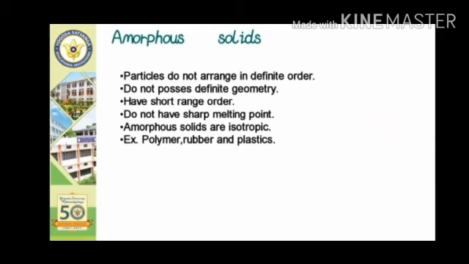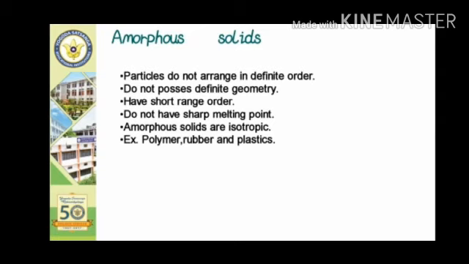Amorphous solids. In amorphous solids, constituent particles are not arranged in a definite order, or may be arranged in short range order. Amorphous solids are isotropic. Here a question arises: what is isotropic? The answer is that amorphous solids have the same physical properties in all directions.